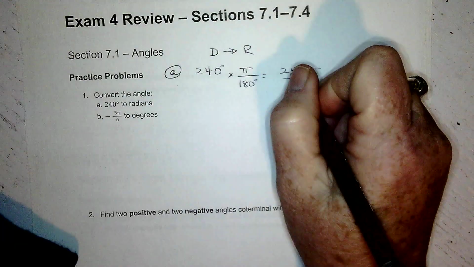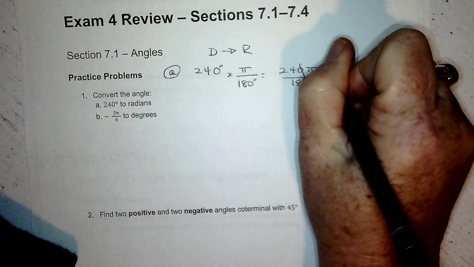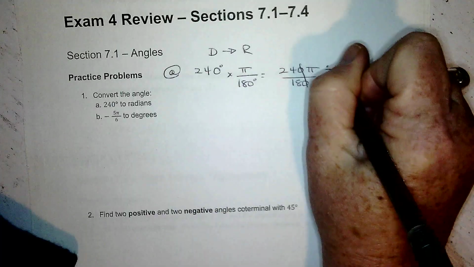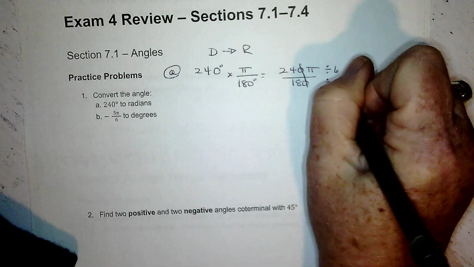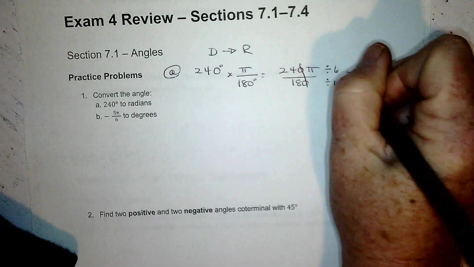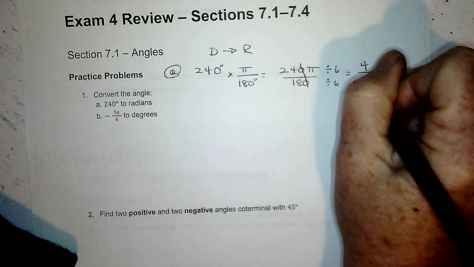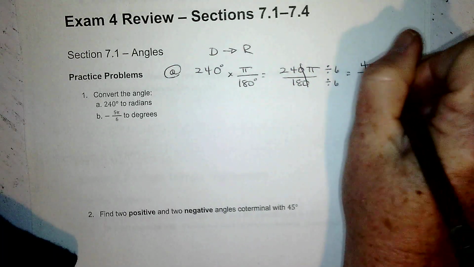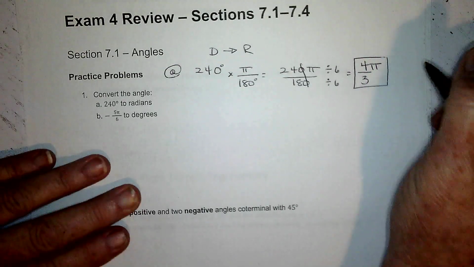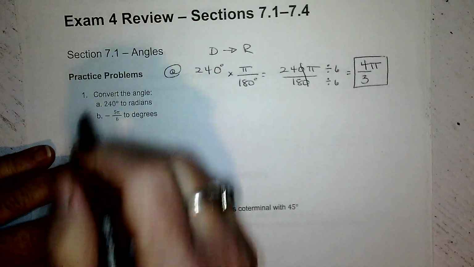Well, 6 goes into 24 and 18. So I'm going to start dividing both by 6. 24 divided by 6 is 4, and 18 divided by 6 is 3. And don't forget your pi. So there is your radians from degrees of 240.